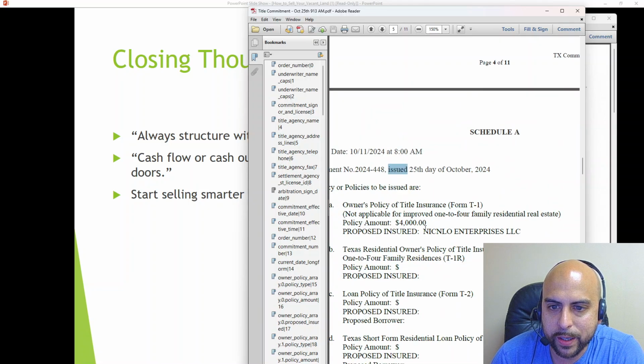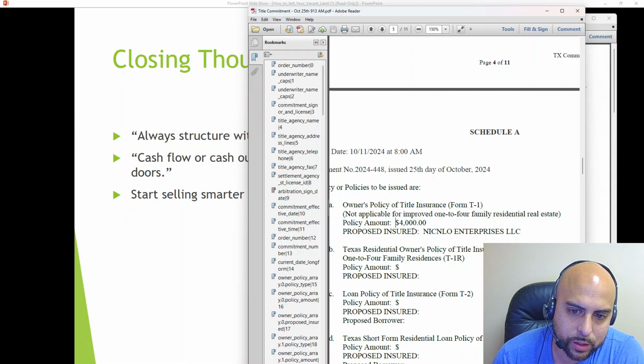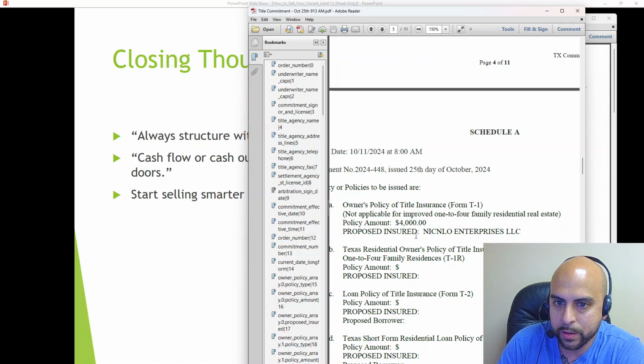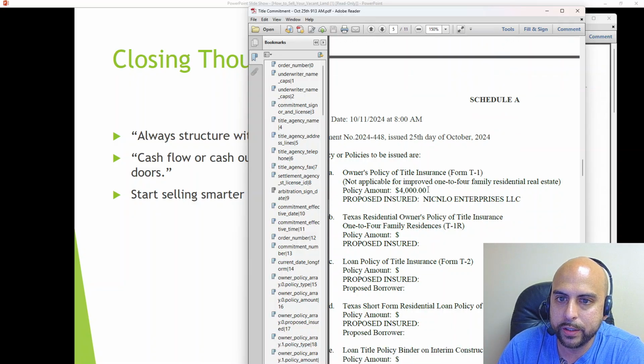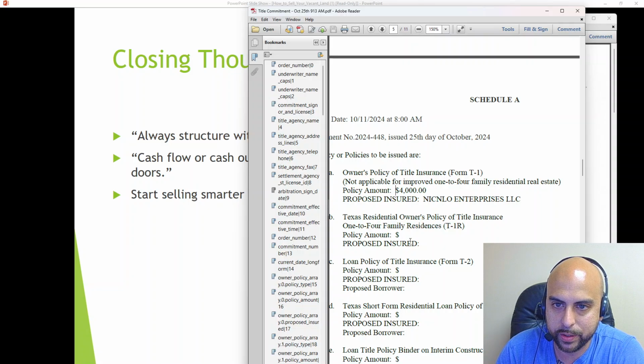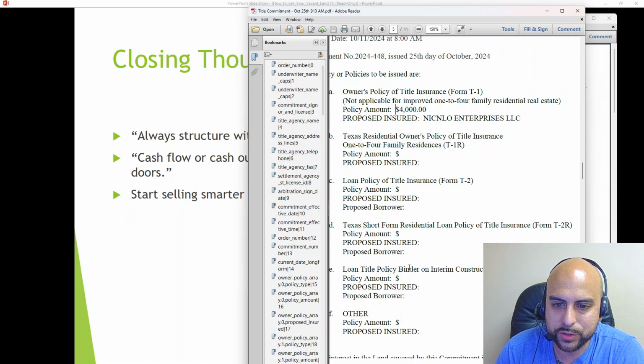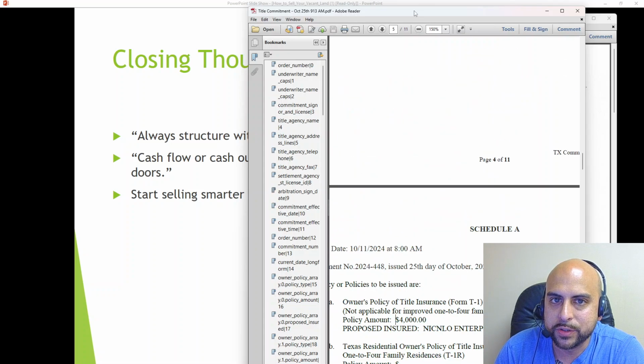Anyway, policy amount. This is pretty much the amount that I paid for the property. $4,000 was the purchase price. With closing costs and everything, because I offered to pay for the closing costs, it was like $1,500. So I'm technically all in $5,500 for this property, right? It was a nice half acre or so outside of Houston.